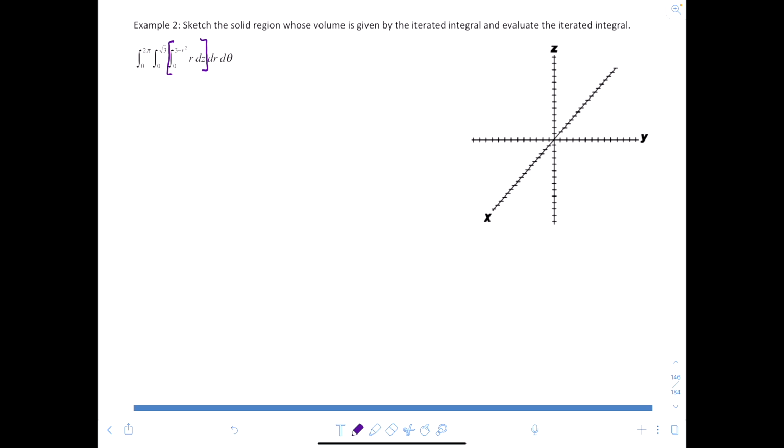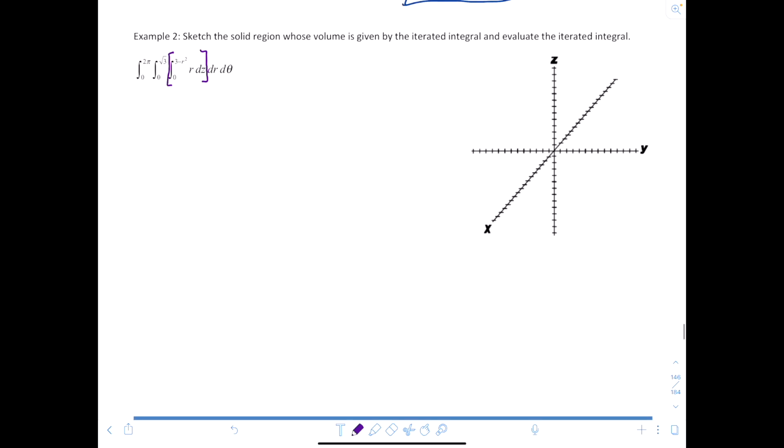3 minus r squared. So remember, in polar coordinates, z is equal to z. So z is being bound by what? Beautiful. So z is bound between 0 and 3 minus r squared.